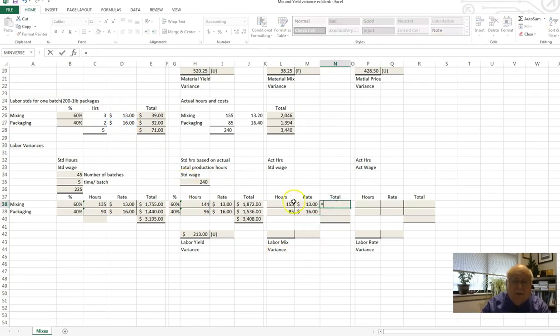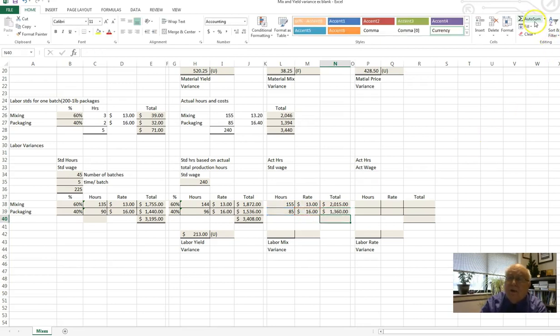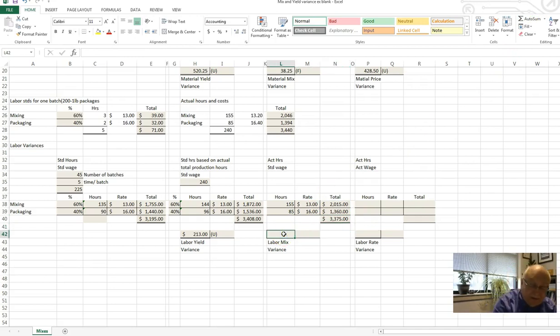Multiply them out, 155 times 13 plus 85 times 16 for a total of 3375. For labor mix, we do the absolute value again. This time it's 3408 minus 3375. And we tell this one's going to be favorable because it's a positive number if you subtract them. So that one's favorable by $33.